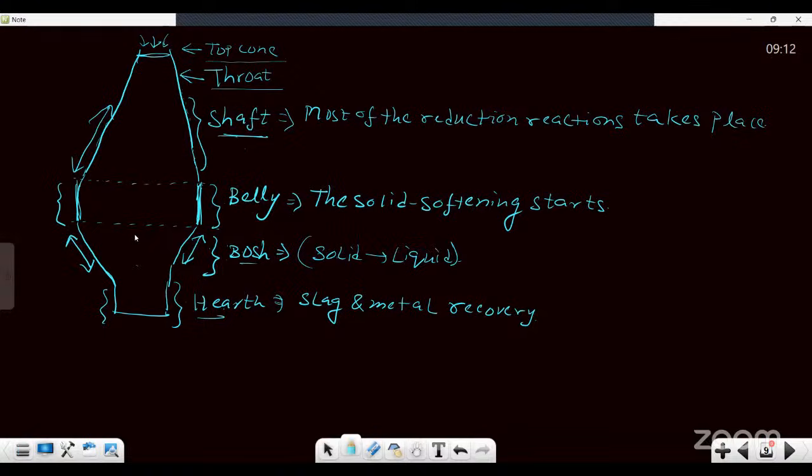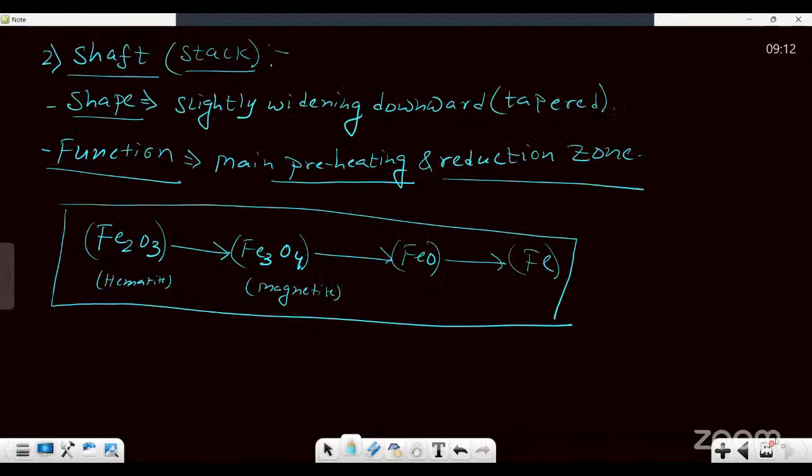These hot gases ascend upward like this and come in contact with the charged materials, the burden materials. They impart their high temperature to these burden materials.